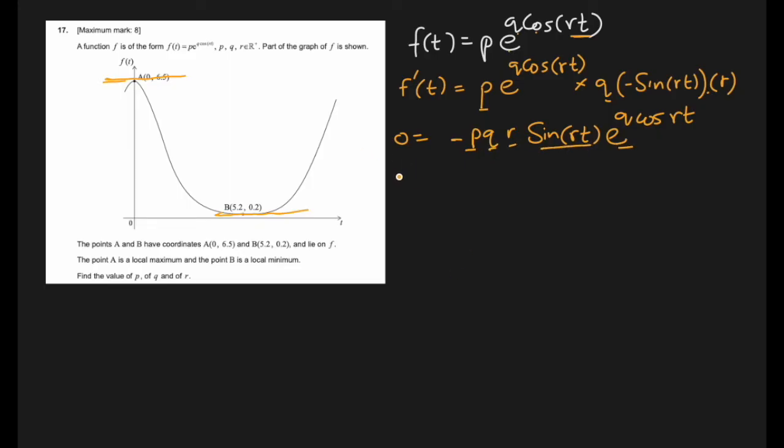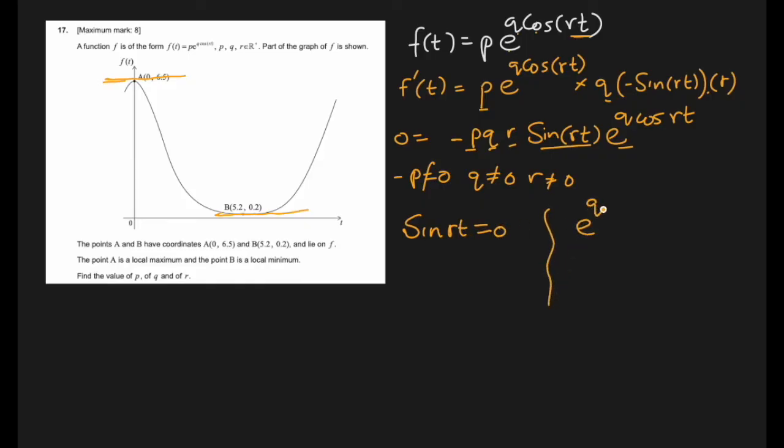That is, one by one we can see if they are equal to 0. Since they said it's a positive real number, that's not possible, so we can't have this value. Q also cannot be 0. R also cannot be 0. That means surely sine rt is equal to 0.